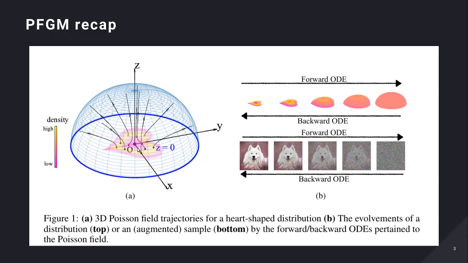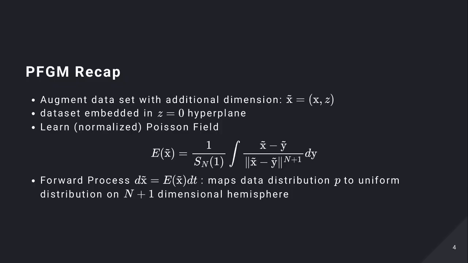And if you followed the vector field, you had the nice effect that your data distribution on the plane gets mapped to a uniform distribution on this hemisphere as time goes on. So that was the base of their process, that your arbitrary distribution gets mapped to a uniform distribution on the hypersphere, and then in the actual paper they would project from the hypersphere on the hyperplane at the top here to simplify matters, but that was the basic idea.